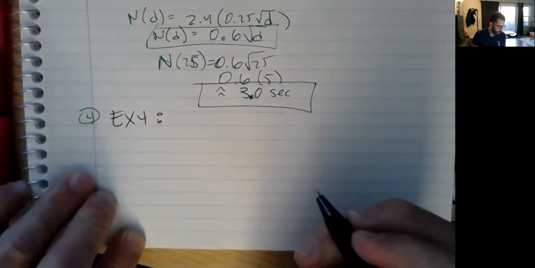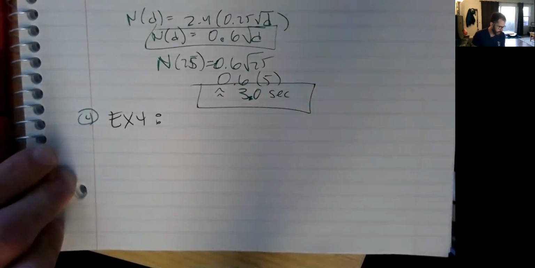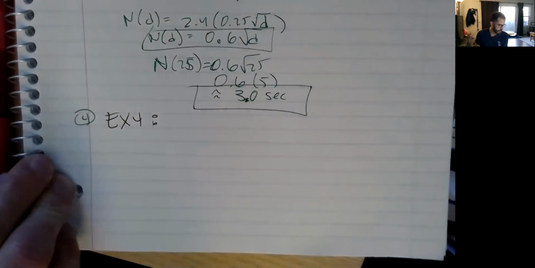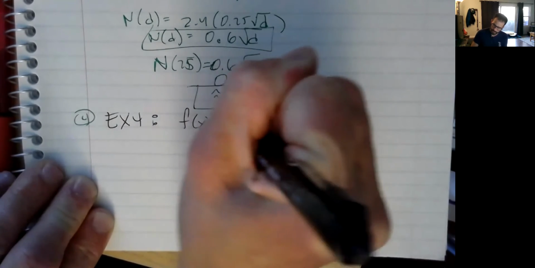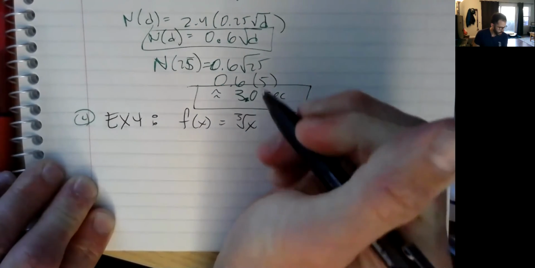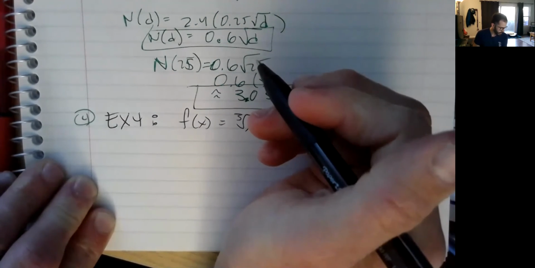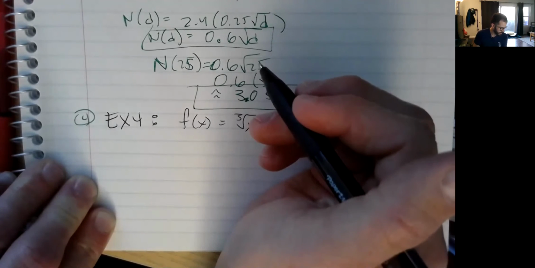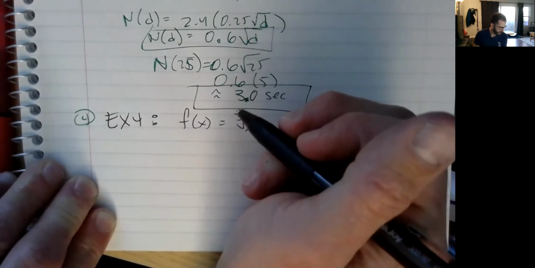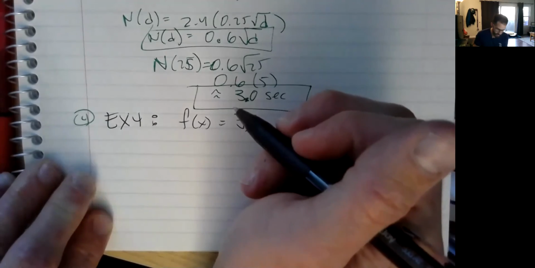Let the graph of g be a horizontal shrink by a factor of 1/6, followed by a translation 3 units to the left of the graph of f of x equals cube root of x. We want to first do a horizontal shrink by a factor of 1/6.